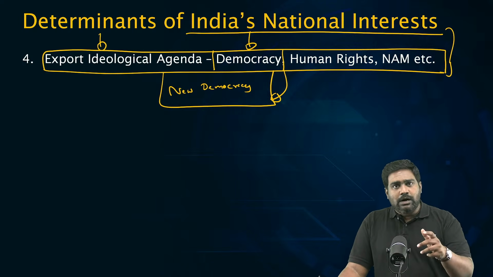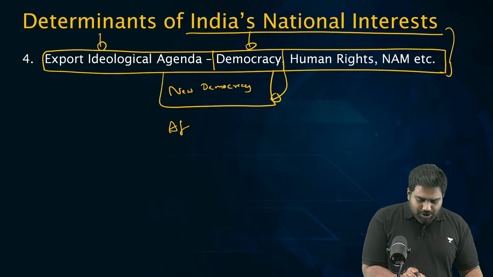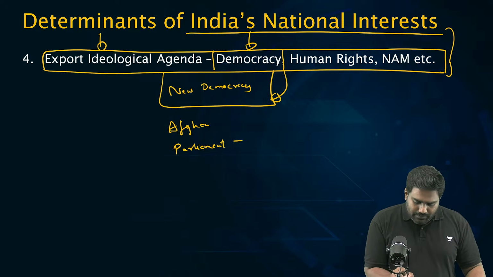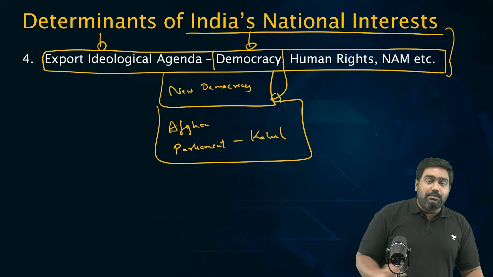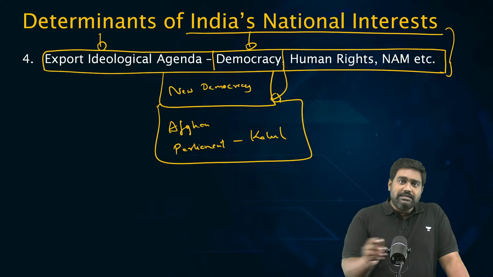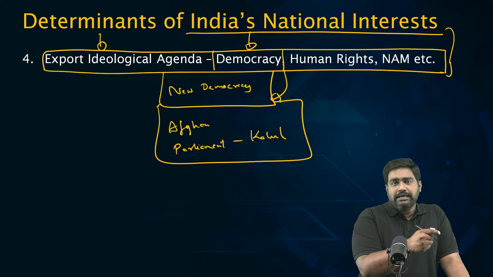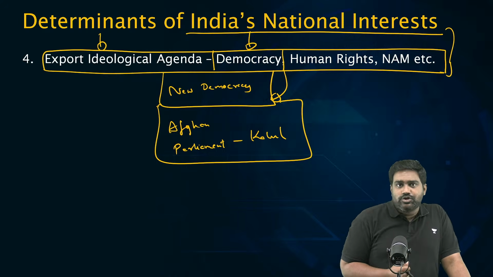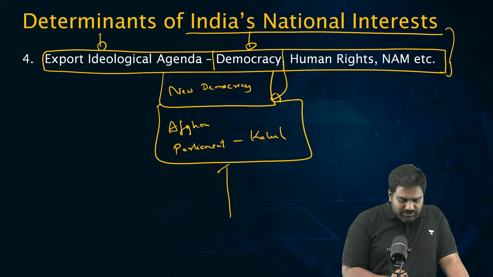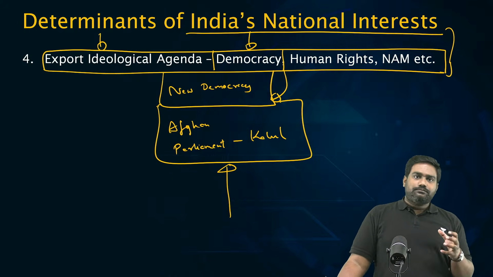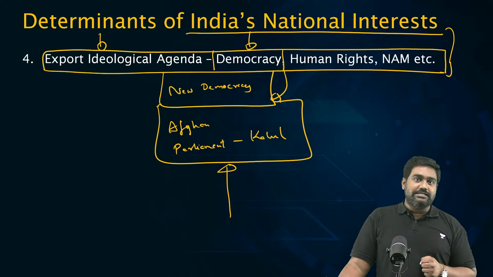For example, look at how India funded the construction of the Afghan parliament in Kabul. India handled the construction of the parliament building to strengthen the civilian government, essentially to help the civilian elected government to counter the extremist radical forces and to cement the democratic values in Afghanistan.